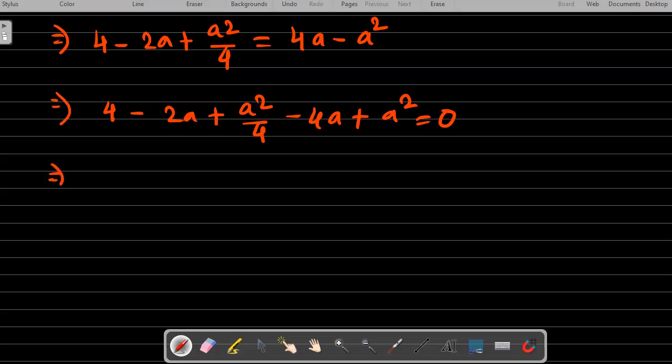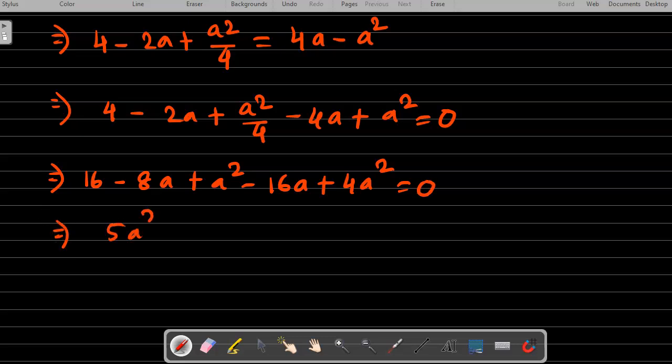Now you multiply all the things by 4, so you get 16 minus 8A plus A square minus 16A plus 4A square equal to 0. So from here you get 5A square minus 24A plus 16 equal to 0.